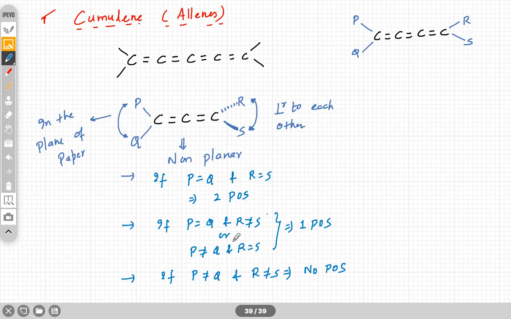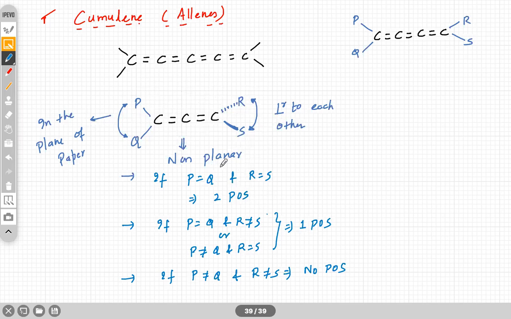If all four are equal, then we can have a plane of symmetry along this line and this line, P equals Q and R equals S. So we can have a plane of symmetry like this, and not this one, because P and R may not be equal.